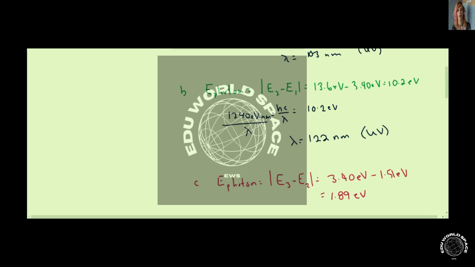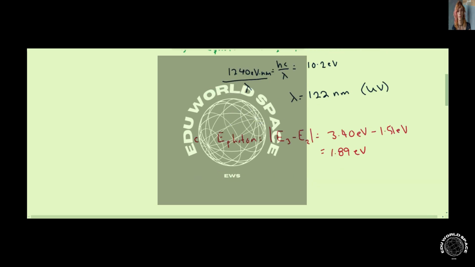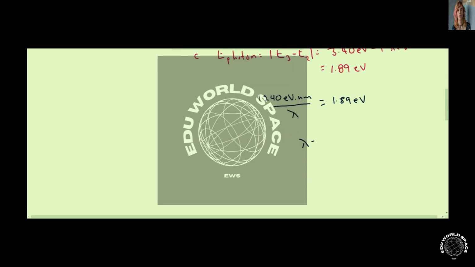And again, finding the wavelength. And that gives us a wavelength in the visible region. And in fact, it is the red part of the visible spectrum.